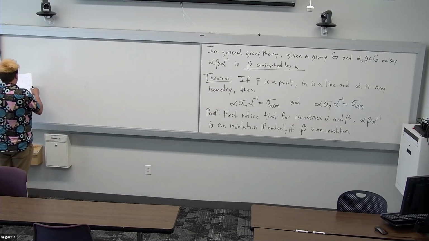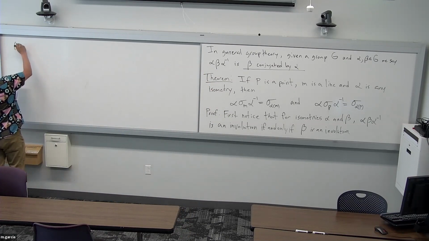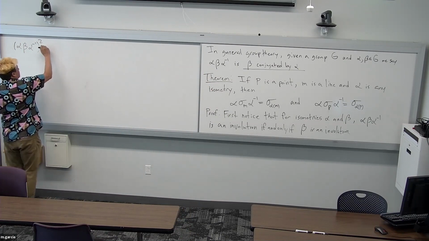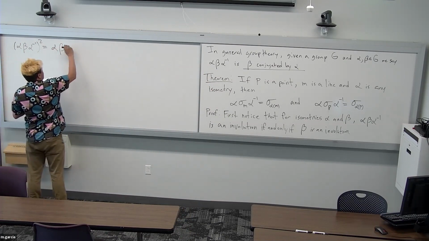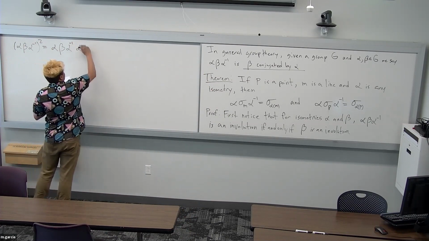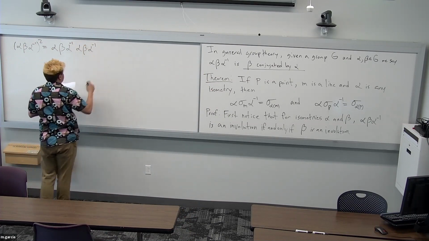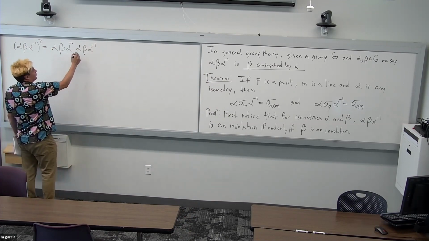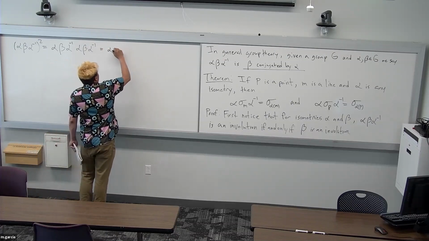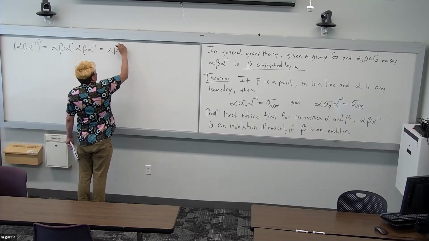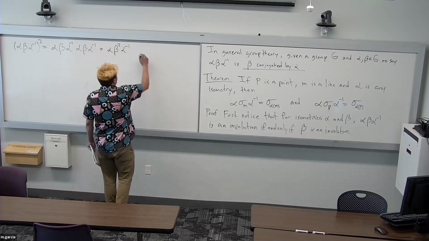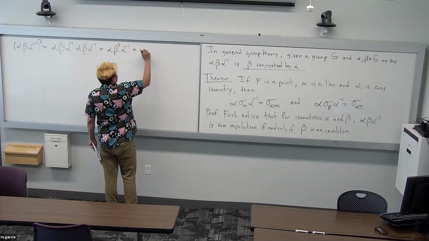That is to say, if we want to consider alpha, beta, alpha inverse squared, written out in full form, that just gives us alpha, beta, alpha inverse, alpha, beta, alpha inverse. Okay, so alpha inverse alpha is just iota. So we get alpha beta squared alpha inverse.